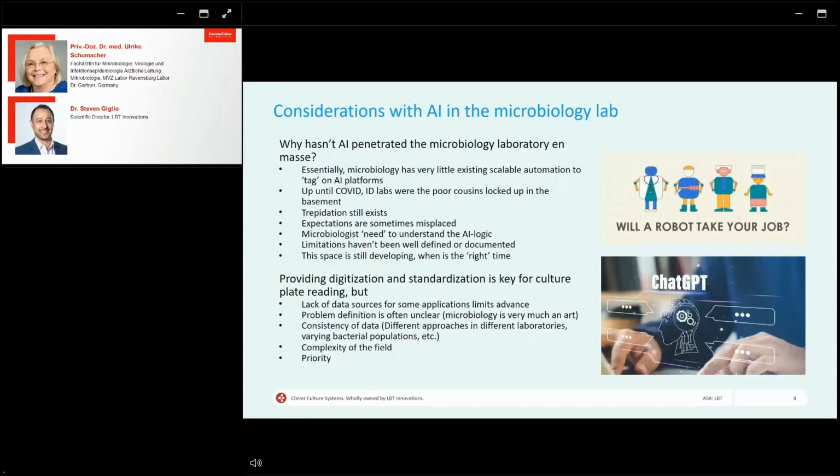And what AI is serving to do is to augment that. So removing a lot of the negative or no growth plates from urines or from infection control screens. That is the job of AI in the microlab.